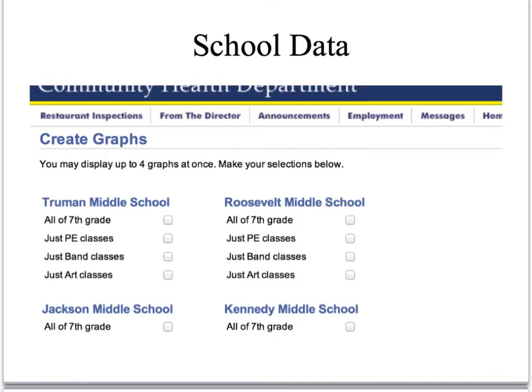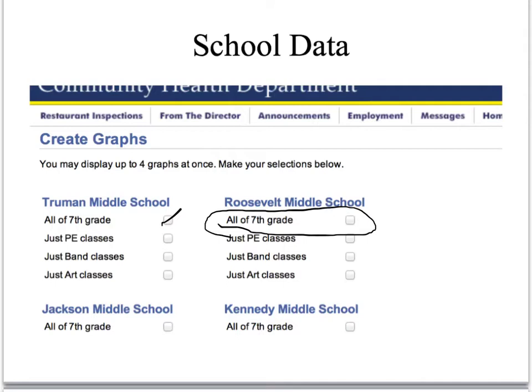Now when you do this, you can just select to see certain things. You don't have to click them all, but if you want to tick off one, Truman Middle School, that's all 7th grade. Jackson Middle School, you have all the same choices. PE classes, band classes, and art classes.